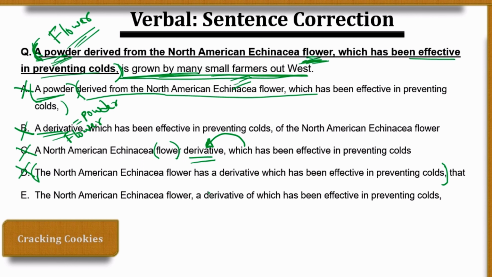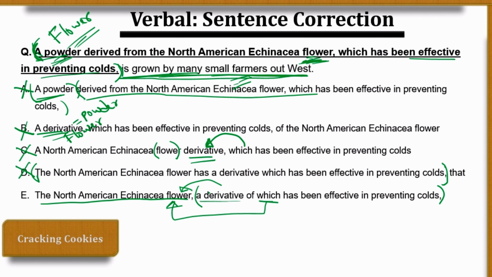And this which word is referring to this word, a derivative of which it has been effective in preventing cold. This is the extra information about the flower. So it is saying the North American Echinacea flower as subject, and this is extra information about that flower, which is not necessary for us to analyze the main grammar of this sentence.